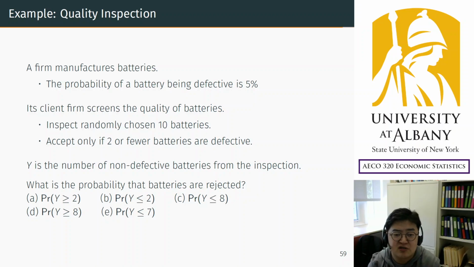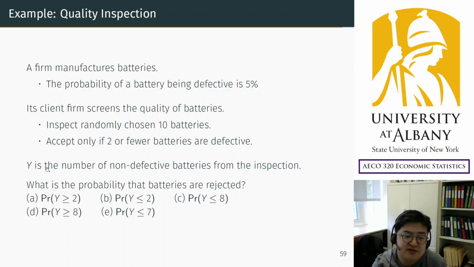So how it works is, when I deliver my batteries to the smartphone maker, they randomly choose 10 batteries out of my shipment, and they are going to accept only if 2 or fewer batteries are defective. So when you randomly choose 10, and if they find 3 batteries are defective, they are going to return my delivery. Okay? So it's kind of inspection.